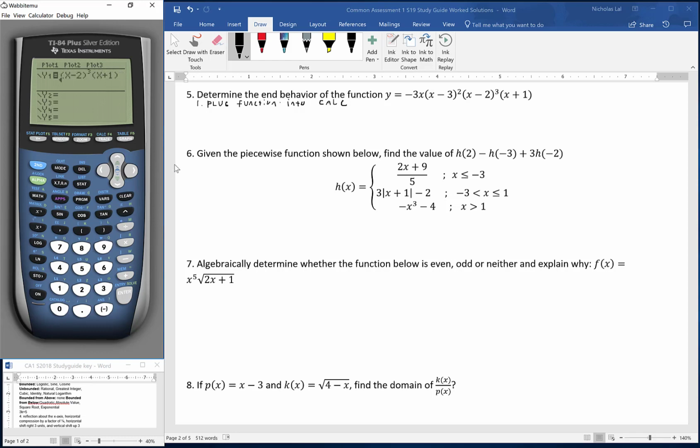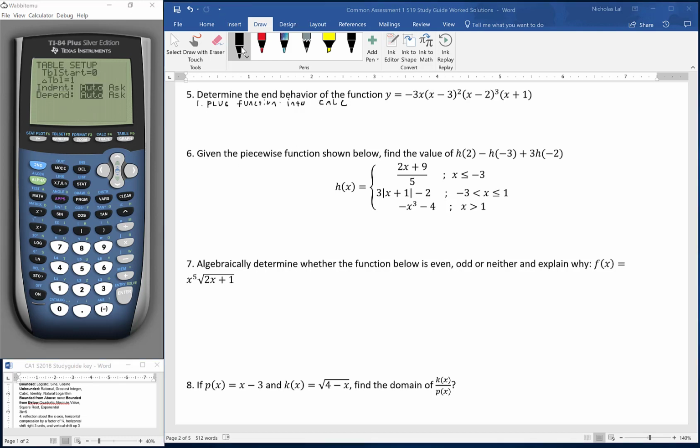All right. And then at this point, I can try graphing it, but it's going to be a little bit hard to see what's going on. It's really hard to see. So to find end behavior, I'm going to go to my second table set, okay?